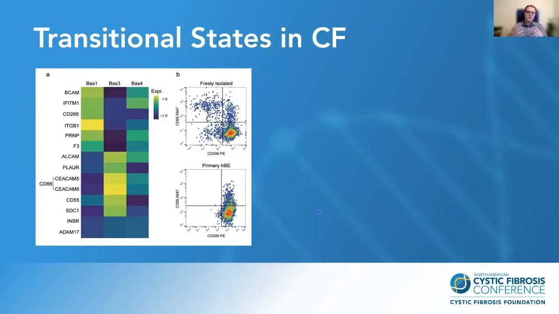The information that we were able to collect about the diversity of basal cells was also very useful for us to be able to really fractionate different subsets of basal cells and perform in vitro experiments and better study their characteristics. Here is an example of a surface marker that discriminates for this subset of basal cells, and we were able to use specific fractionation by flow cytometry using specific markers to compare subsets of basal cells from freshly isolated lung compared to primary culture.